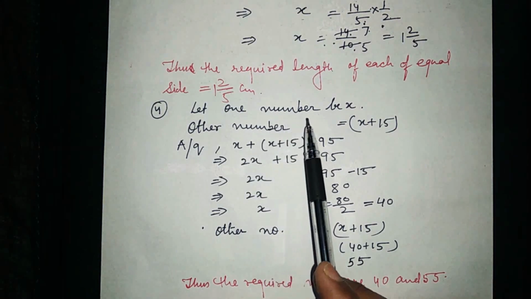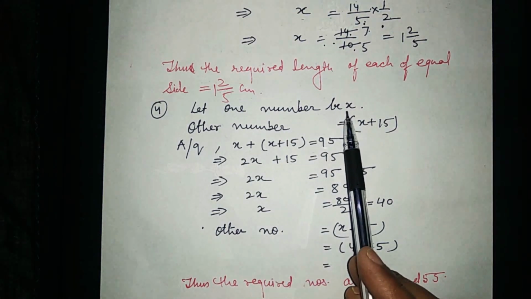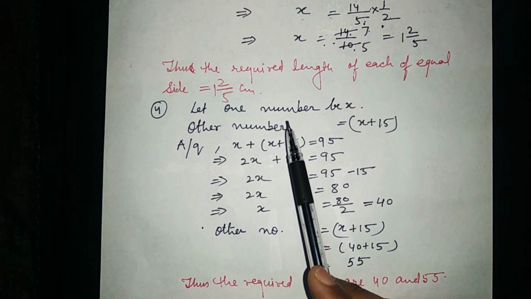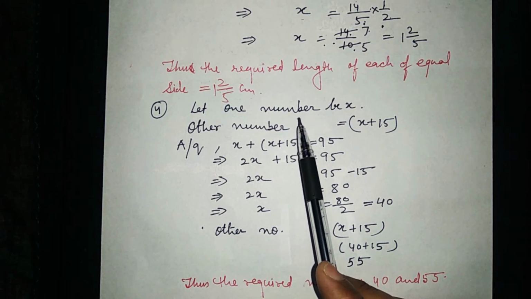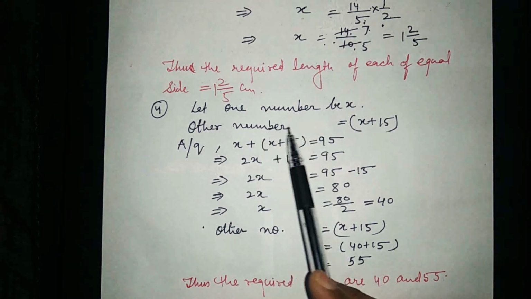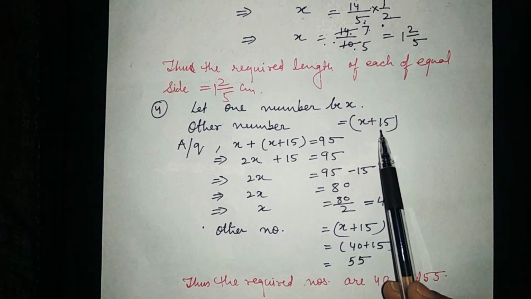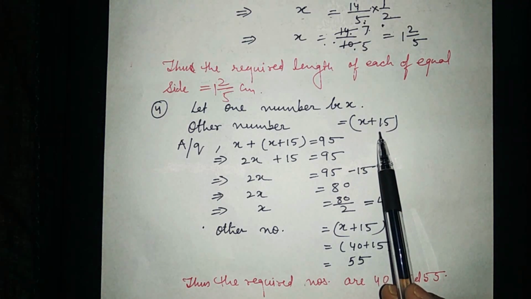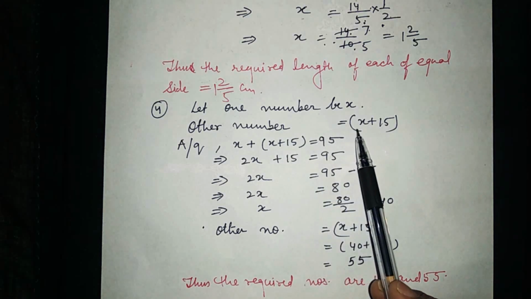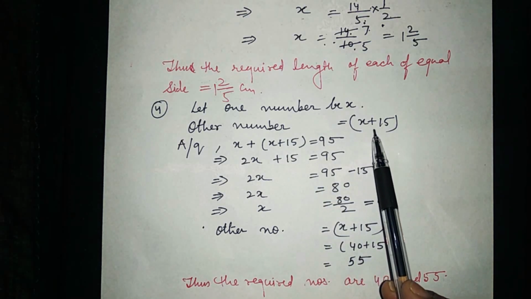Let one number be x. And in your question you can see, if one exceeds the other by 15, so the other number is x plus 15. Okay. Let one number be x, the other number is equal to x plus 15.